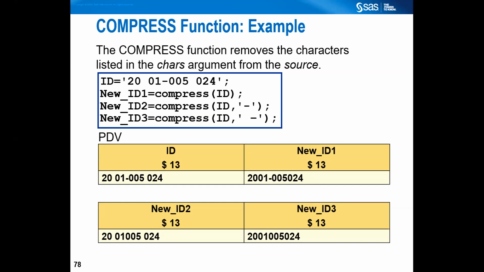I have the same confusion as Nilima. In ID number 1, even if it was compressing, it could keep 2001, keep the hash, then put 0050, leave a space, and then put 024, like it was doing in the original ID. But it compressed it completely and did not do the same thing in new ID2, even though we gave it the space, right?